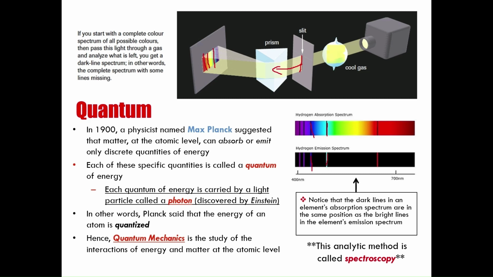So it's a very, very fancy branch of science, but its base definition is pretty simplistic. It is simply the study of the interaction of energy and matter at the atomic level. Trust me when I say it gets far more complicated than that, but for the purposes of this course, that's really all we need to know. That's all we need to understand.